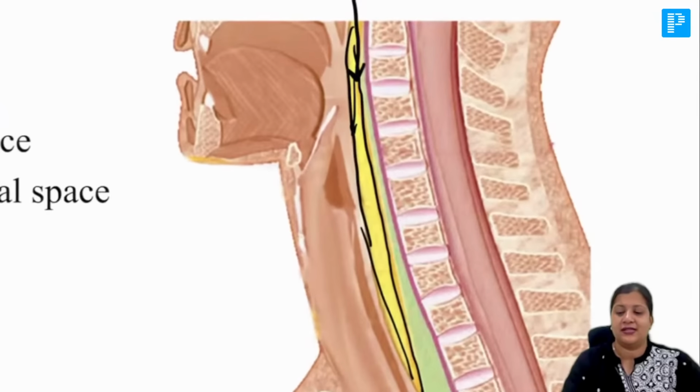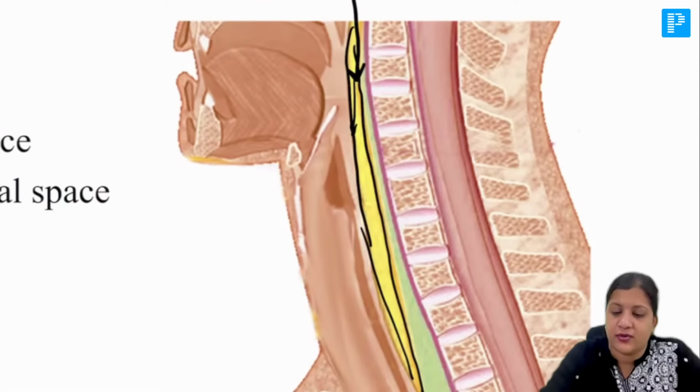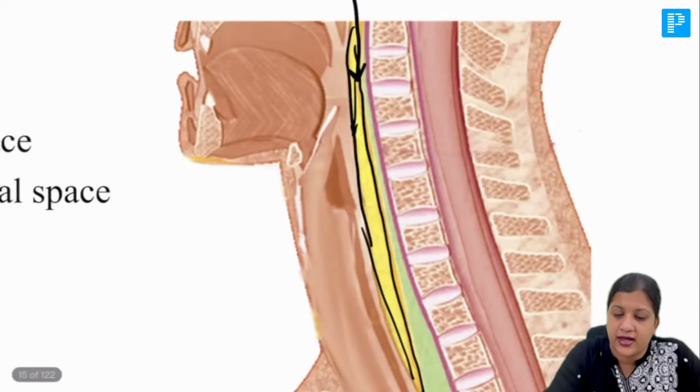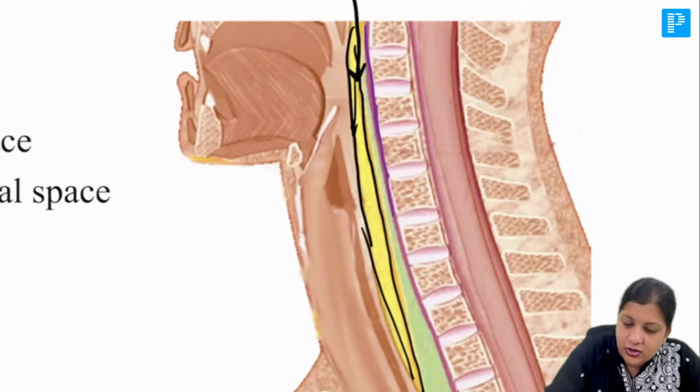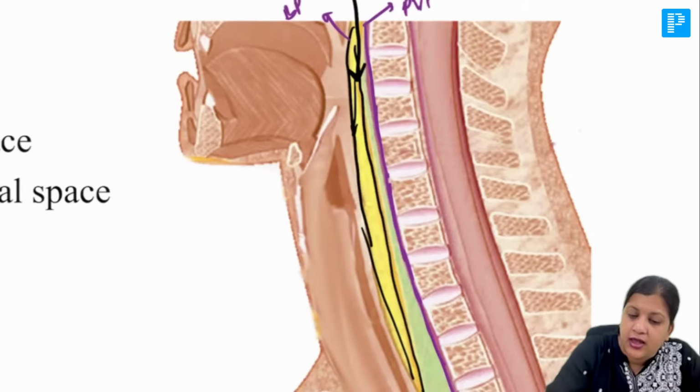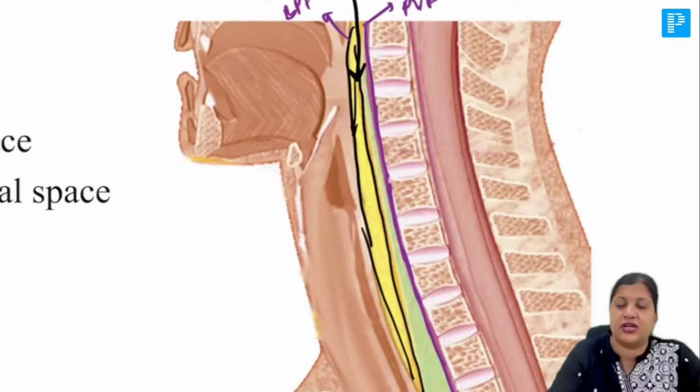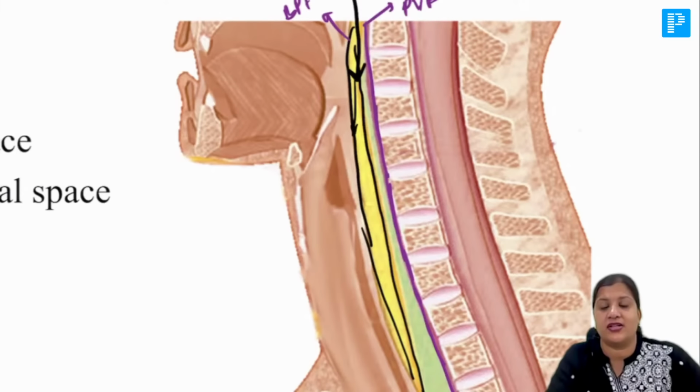So if we see this space, it has two fascia. The one anteriorly is called buccopharyngeal fascia. The one present posteriorly is called the prevertebral fascia. Correct? So between your buccopharyngeal fascia and your prevertebral fascia lies your retropharyngeal space.